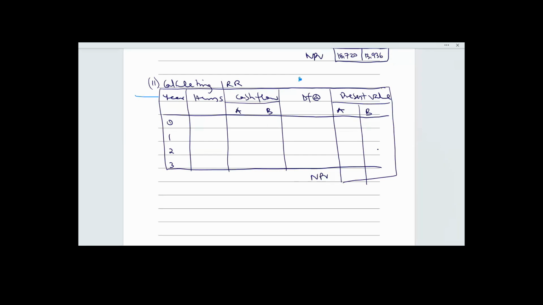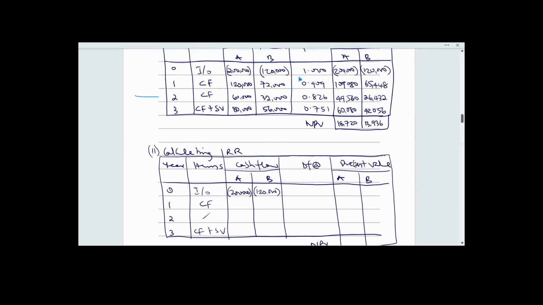Net present value. Initial outlay. Project A, negative 200,000, project B, negative 120,000. Cash flows: cash flow plus scrap value. Cash flow of project A, year 1, 120,000. Project B, 72,000.